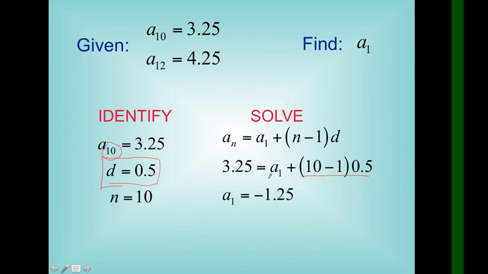Therefore, our a sub 1, which is this one, is negative 1.25. Their common difference is 0.5. So we add 0.5 until we reach a sub 10, and we get 3.25. Right? Then a sub 11 is 3.75 and then a sub 12 is 4.25.